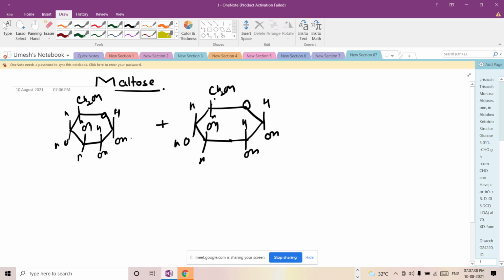And from here water goes out, and between two units, C1 of one carbon atom and C4 of another, the condensation process takes place. The water goes out.